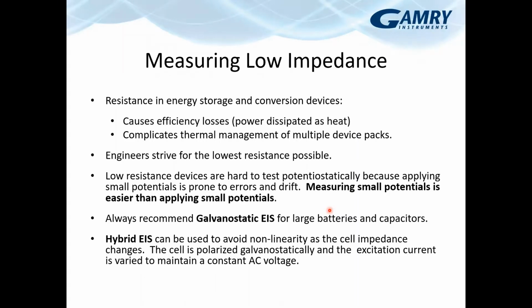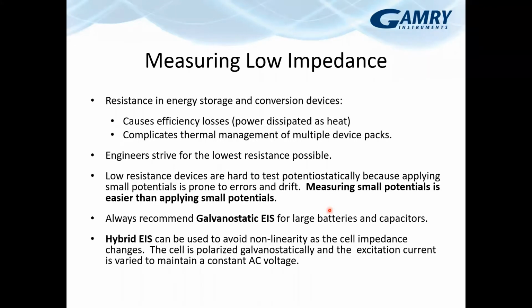It's a lot easier to flip the things around, to apply a current signal and measure those very small voltages than it is to try and control those very small voltage changes. So I always recommend that people use galvanostatic EIS for low impedance devices.